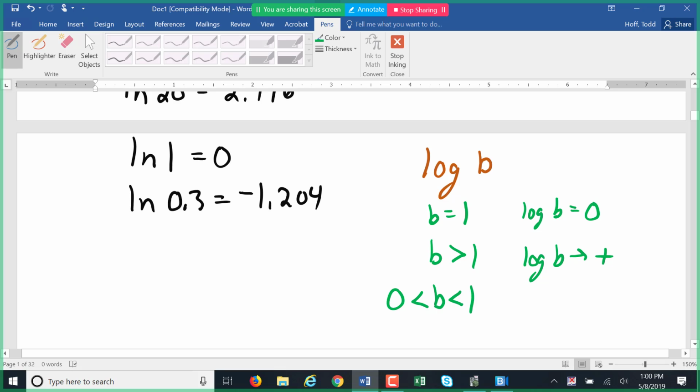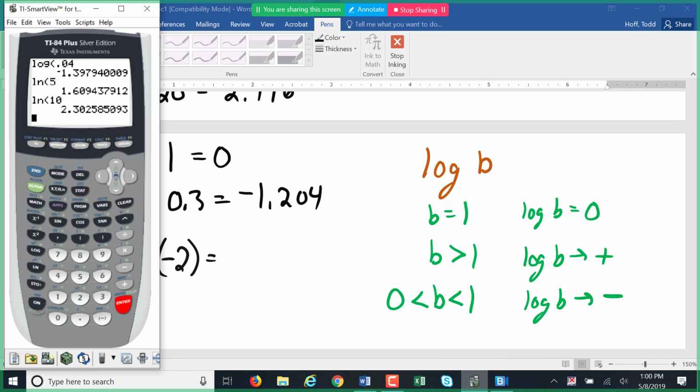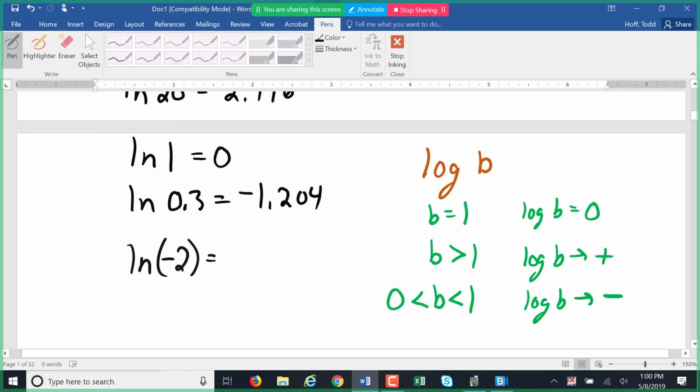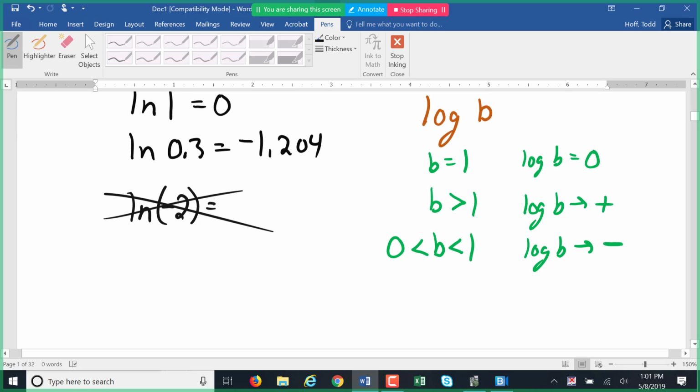If b is between 0 and 1, the log of b is negative. What if b is less than 0? Let's use ln here again since we'll be consistent. What's ln of negative 2? It'll give you an error. Can't do it. We can't take the log of 0 or anything smaller than it.